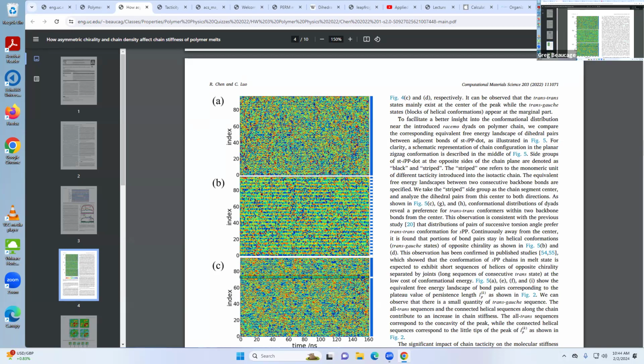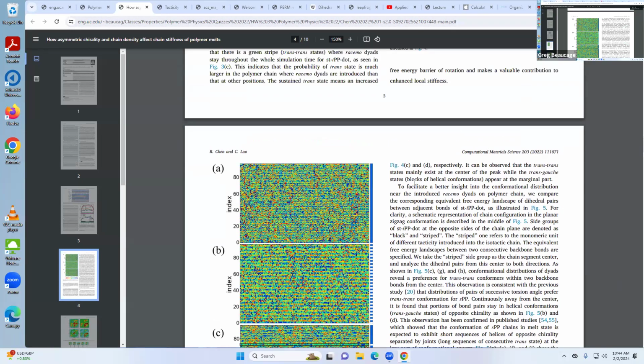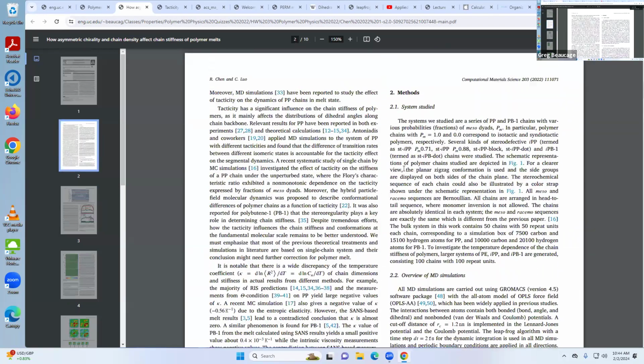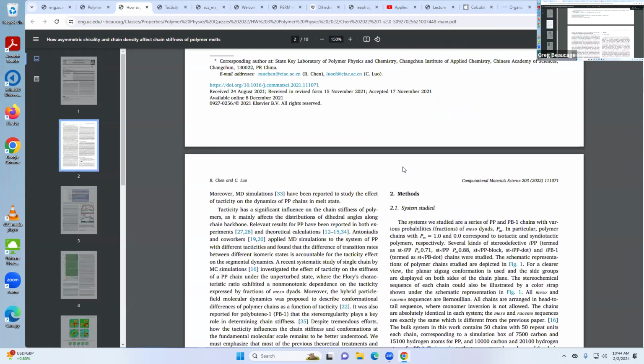Dihedral angle. So he's doing a simulation. He's not using Monte Carlo. He's using molecular dynamics, which means you take the particles, you put them in positions, you give each one a velocity at the beginning, then you say go, and just let it run on its own.